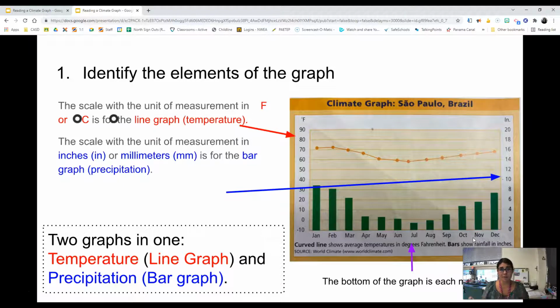At the bottom, they have the months. You might see it with January, February, March, April, May. You might see it with the abbreviations that you see down here. Or you might see it using the numbers, so you might see January 1, February 2, April 4, and so on.